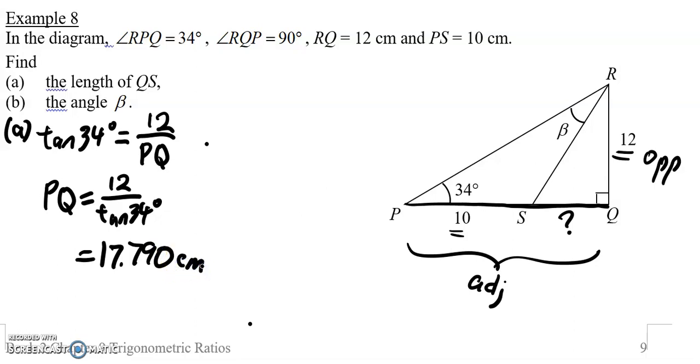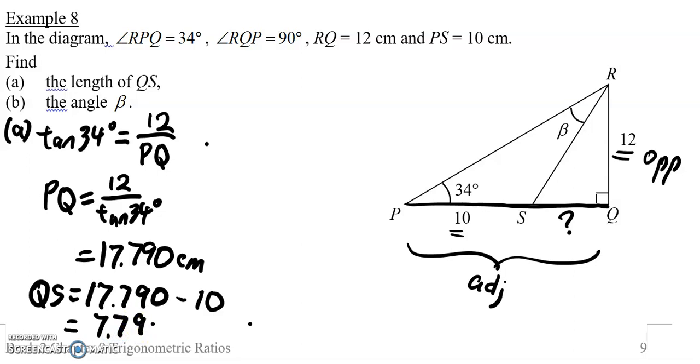Okay, so as a result, can I find my QS? Yes, I'm able to find now, because QS is very simply 17.790 minus my 10, which gives me 7.790. And in this case, we actually round off because it wasn't an exact answer before. So actually this gives me 7.79 cm.